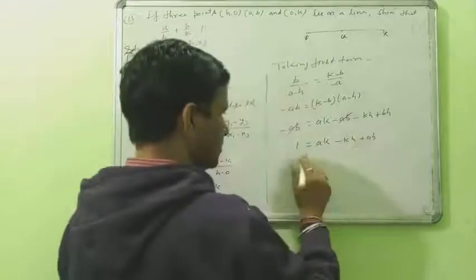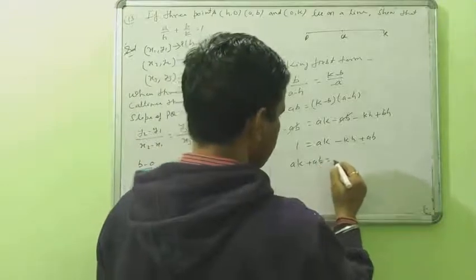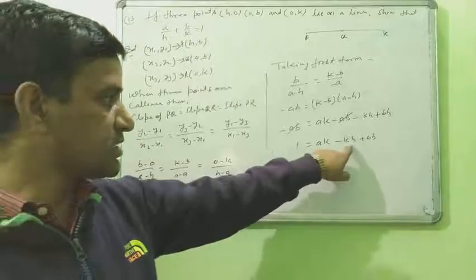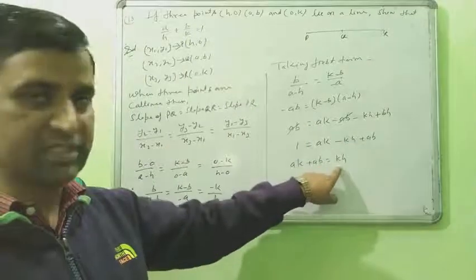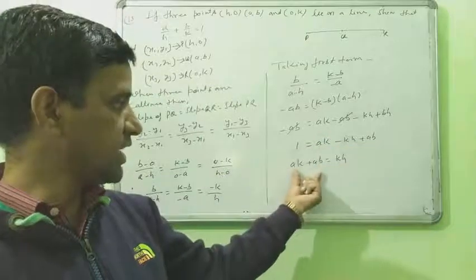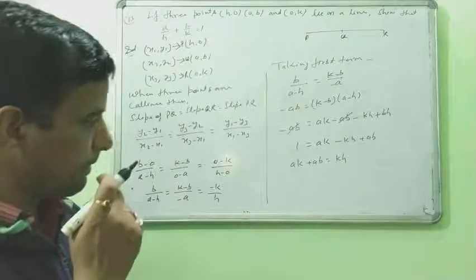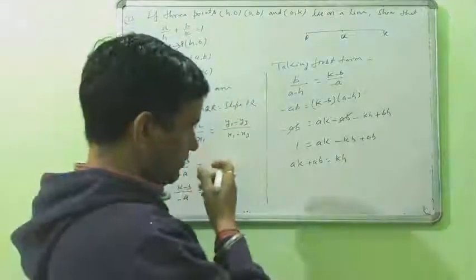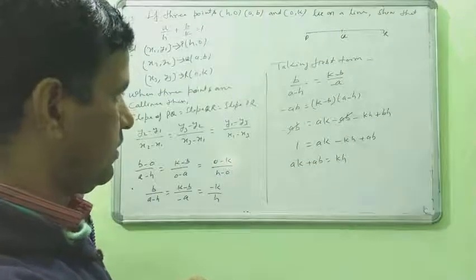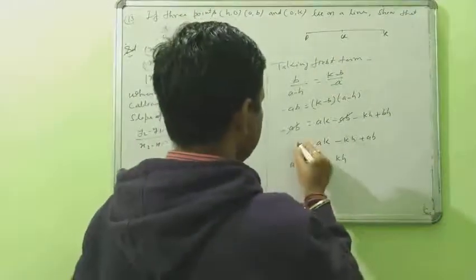In this case, transferring to the left side, ak plus bh equal to kh. The minus kh is transposed to the other side. Here the remainder is not 1, the remainder is 0.